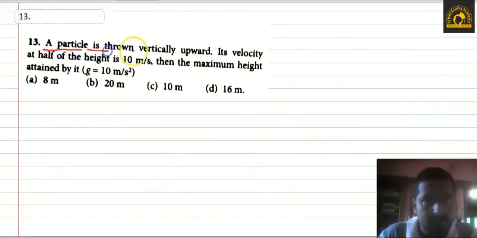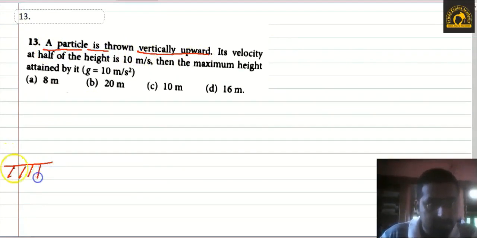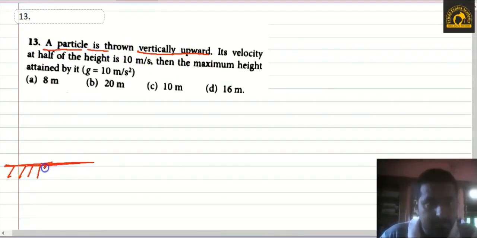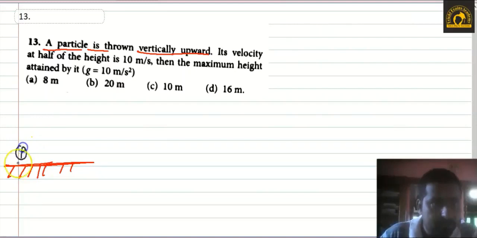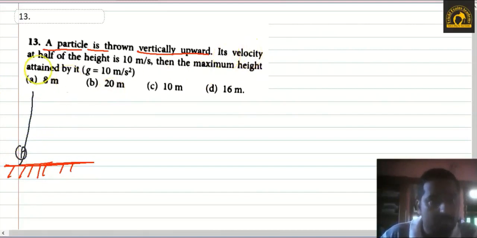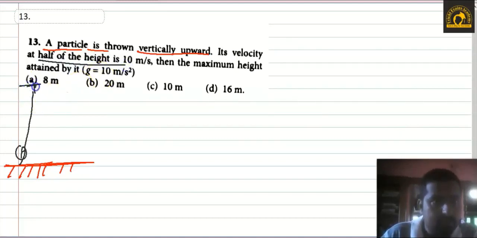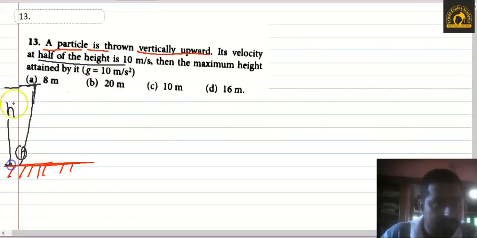A particle is thrown vertically upward. Okay, so this is the ground, and this is the particle, thrown upward. Its velocity at half of the height is 10 meter per second. The total height is h.